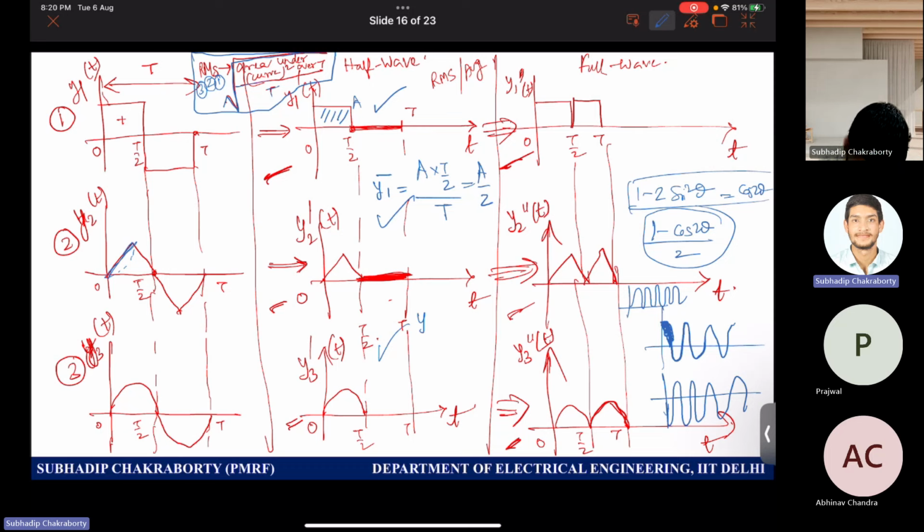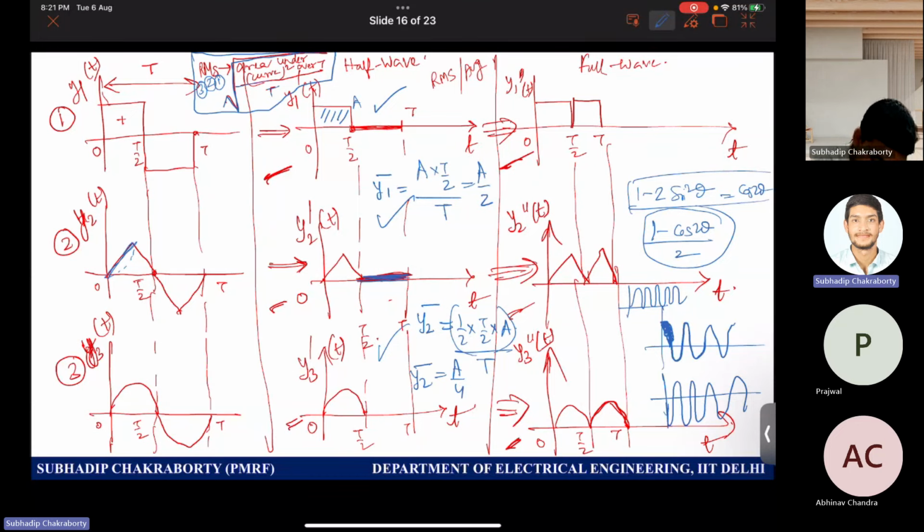Then what is Y2 bar? Half into base into height, the area of the triangle. I told you, area under the curve. Total area, because this part will not have any contribution. So the total area becomes this only. But you need to mean it over the complete time period, which is T. So what is the area for the A by halfway? 4. Correct.